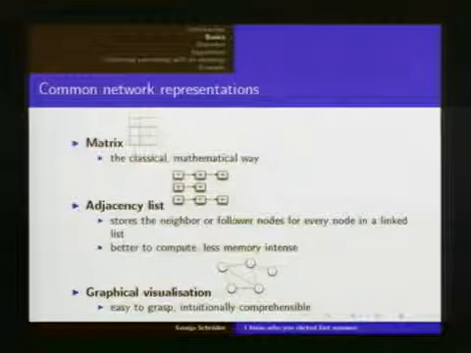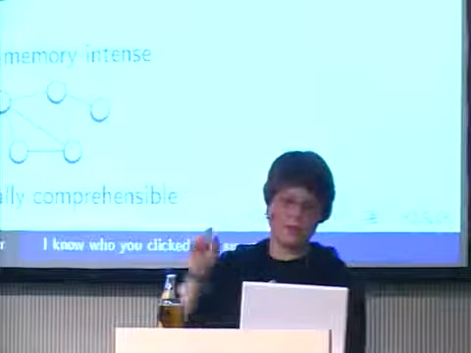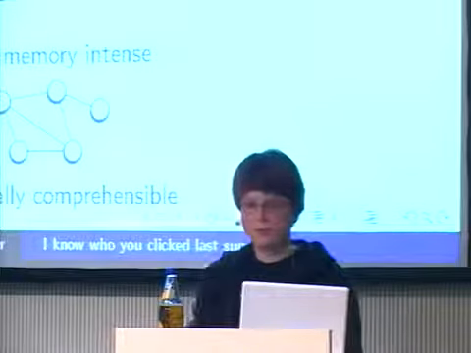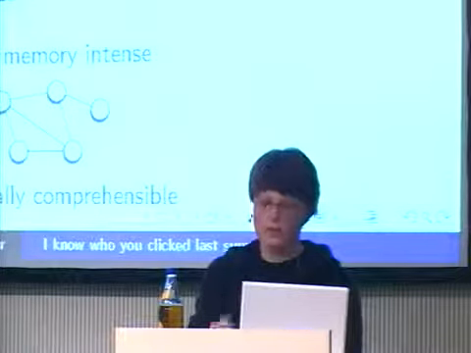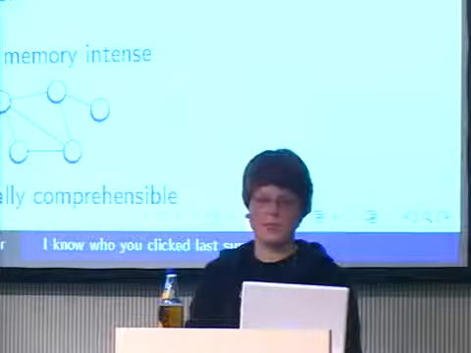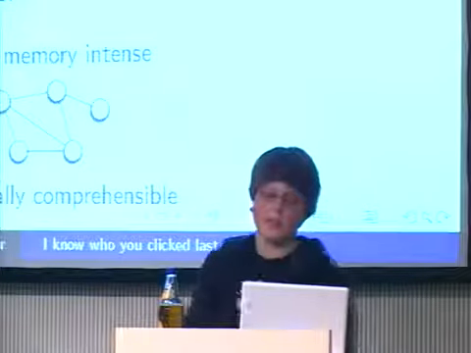And there's the adjacency list. So you only store the neighbor or follower nodes for every node in a linked list. So you just leave the empty fields in the matrix out. Okay, not really, but kind of.